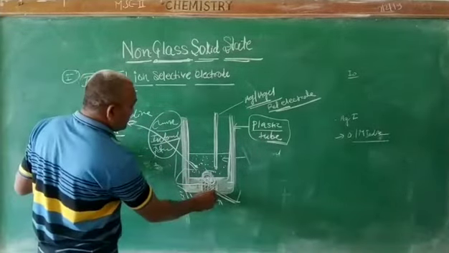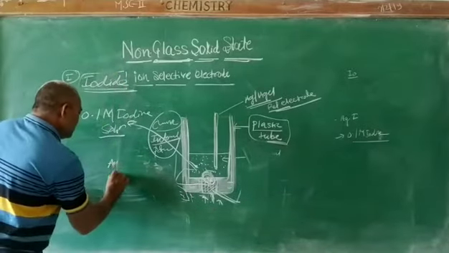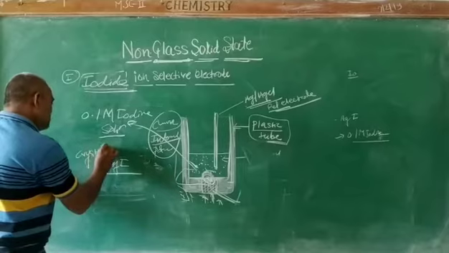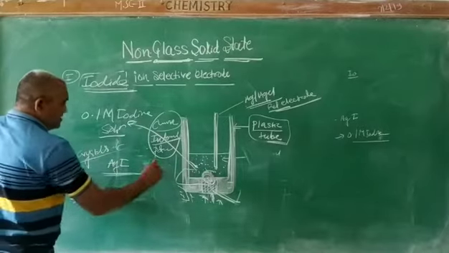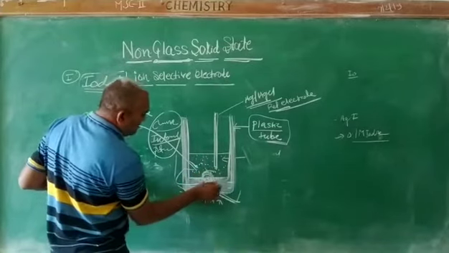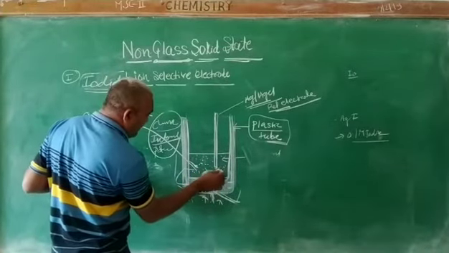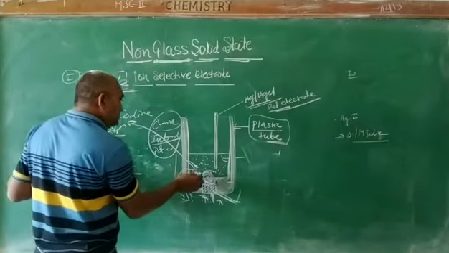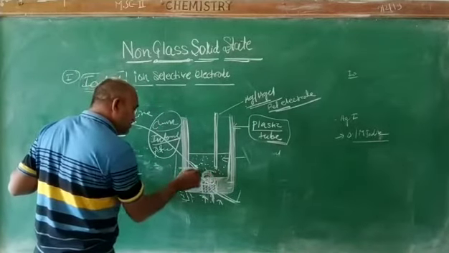And here we use the AgI crystals. First, the equilibrium between these AgI crystals and the iodine solution is maintained, and we measure the potential of this.